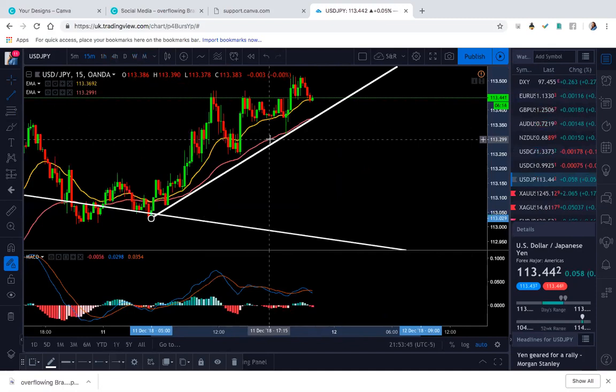We've also looked at impulse and corrective moves in this video, as well as better entries, right? So remember, the MACD is good to use on its own, but is better to use with a moving average line, right? So the moving averages, remember, are 20 and 35.